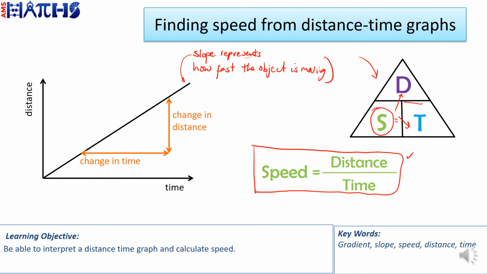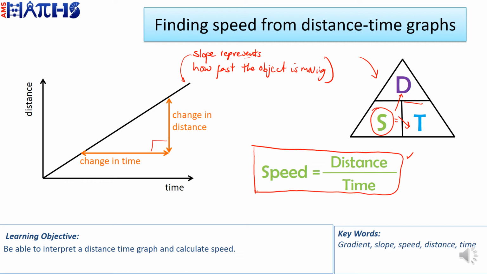Now when we found the gradient of a straight line, we would normally take a right angled triangle, which we did in previous lessons, and we would take the height of that right angled triangle and the base of the right angled triangle and divide them.